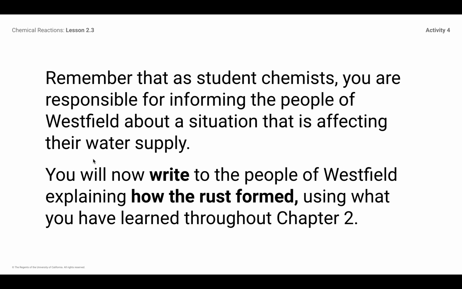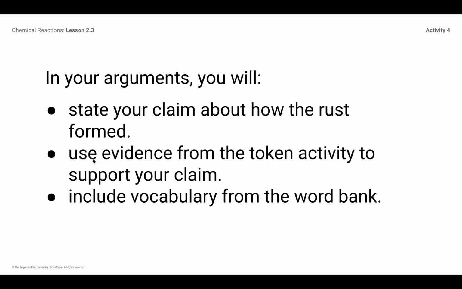Hint, you are using the key concepts from Chapter 2 as your reasoning. Okay? In your argument, you will, number 1, state your claim about how the rust forms. Number 2, use evidence from the token activity to support your claim.